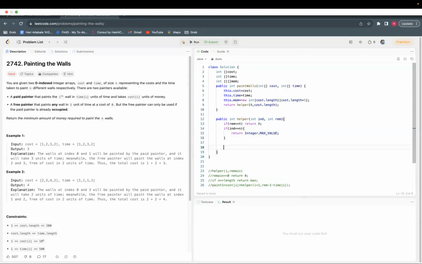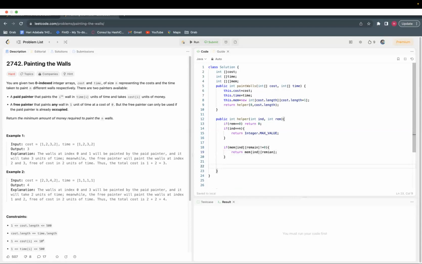So these are the base cases. So before going further, we will check if we have already calculated this value or not. For this, if it is not equal to 0, then we have calculated this. We will return memoization of ind comma remain.